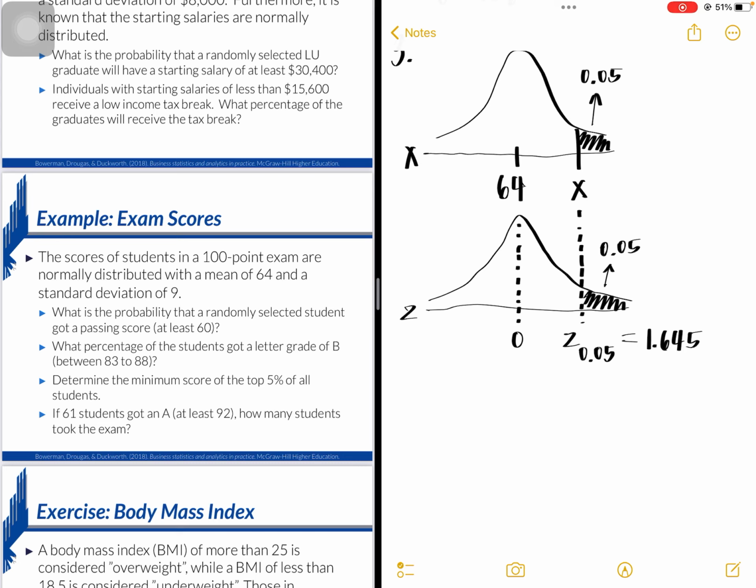It's asking for a score. So we know that the z-score is 1.645. So we will just work backwards in order to solve for the corresponding value of x. We know that the average is 64 and the standard deviation is 9. So using simple algebra, we should be able to get the value of x.